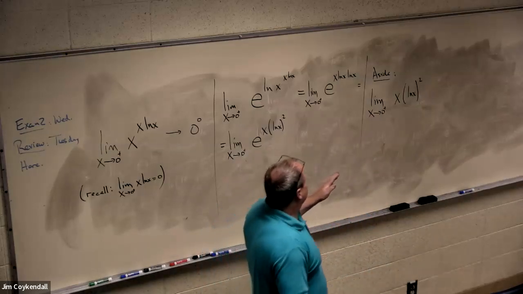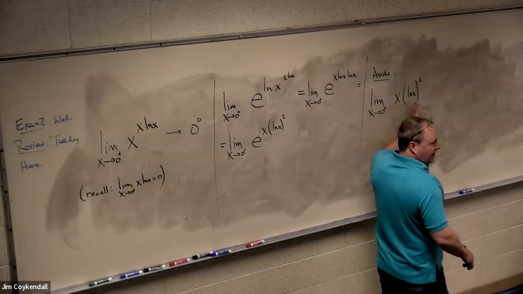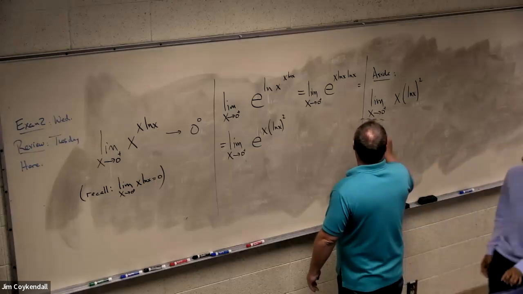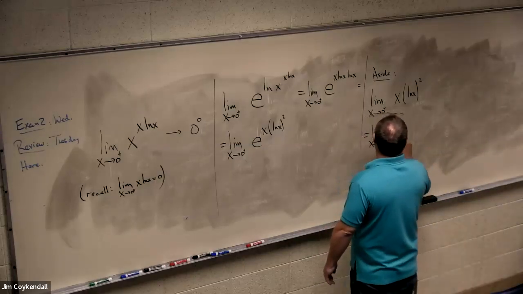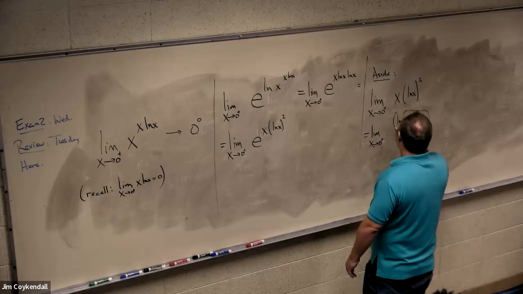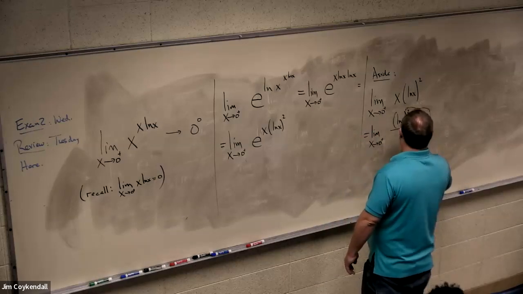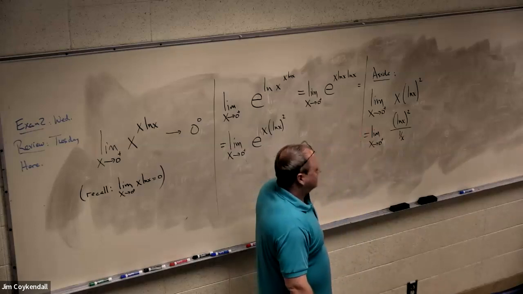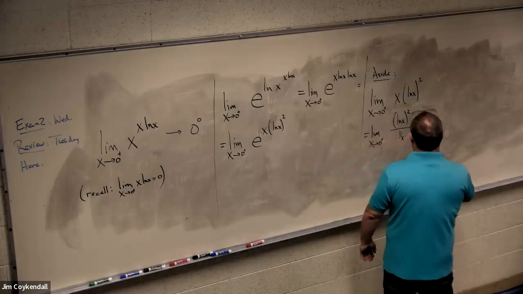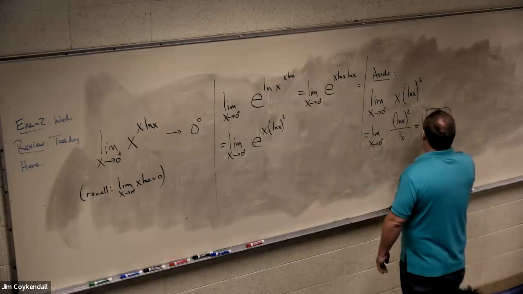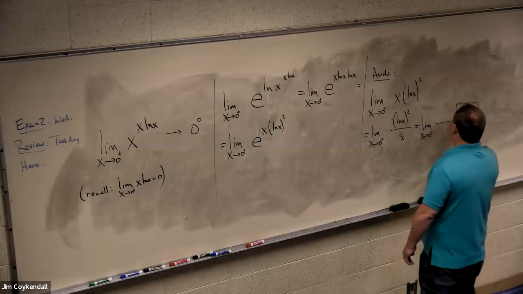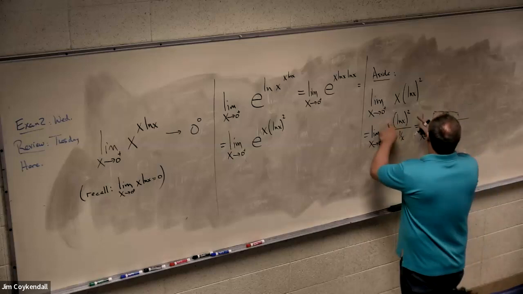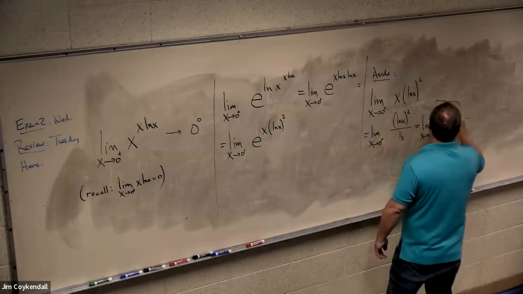Here we have a 0 times infinity. And so what we told you is that I need a fraction. The derivative of 1 over x is minus 1 over x squared.